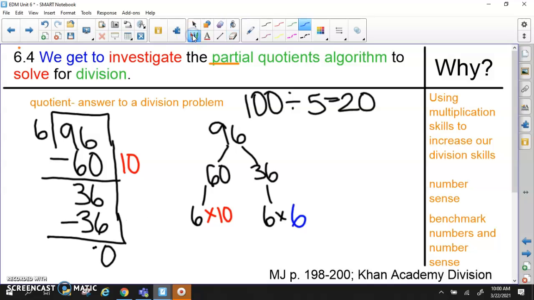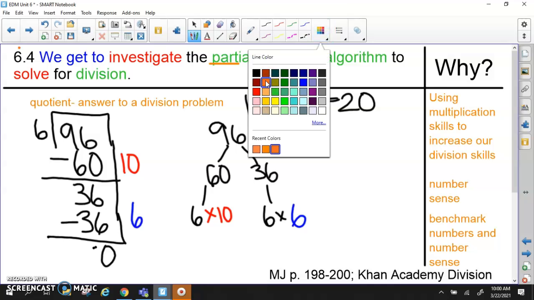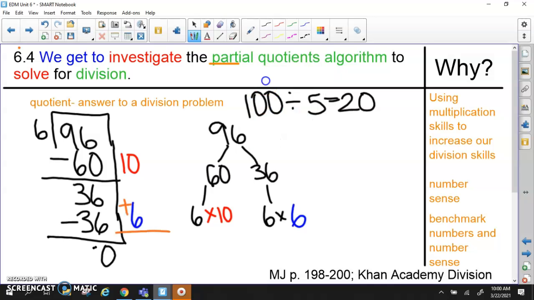Oops. Back to blue. Okay. The answer is actually the sum of these two numbers. You add these two numbers on the outside, the ones that you multiplied, to get the answer, and the answer is 16.